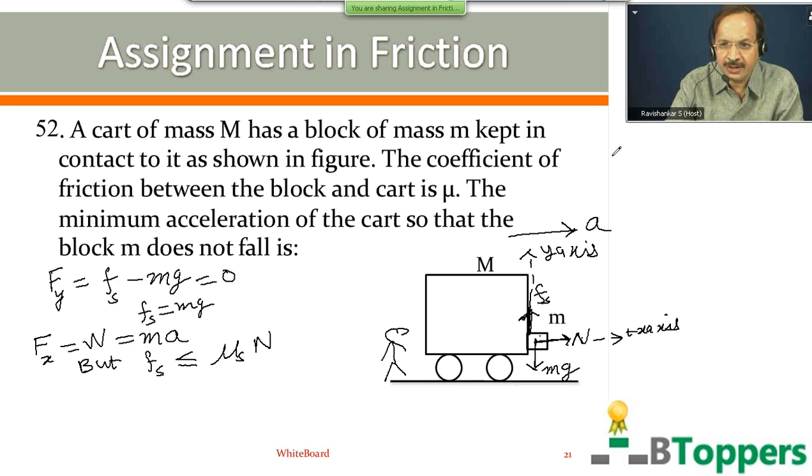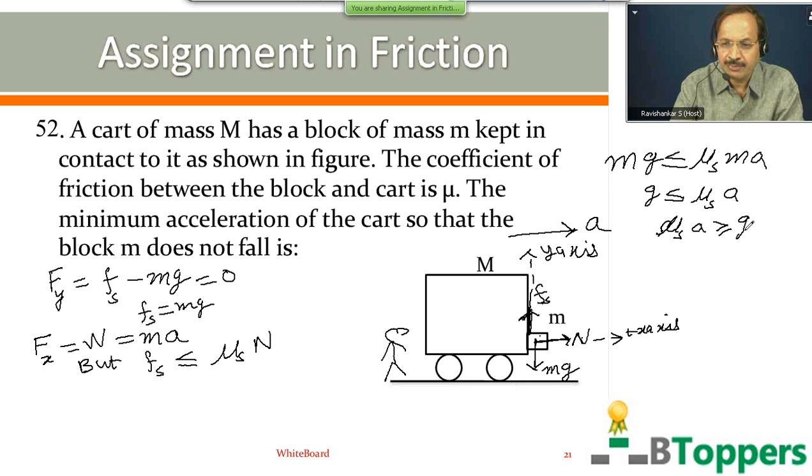So when the block is stationary with respect to the cart, you can write mg is less than or equal to mu s into ma, or g is less than or equal to mu s into a, or mu s into a is greater than or equal to g.